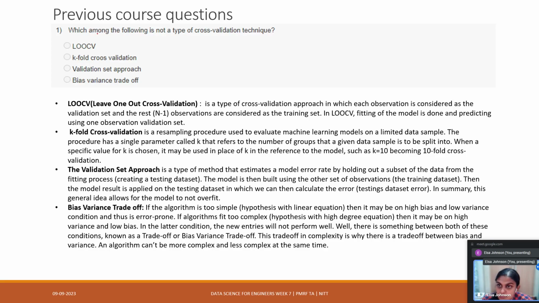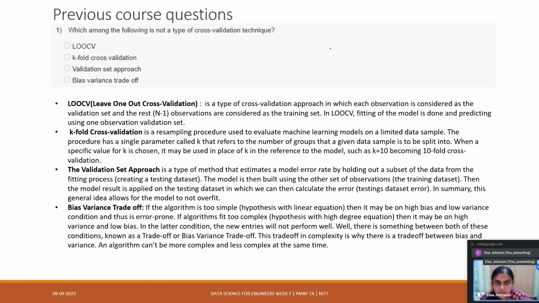The first one is, which among the following is not a type of cross validation technique? You have seen the different cross validation techniques. The first one you have seen is leave one out cross validation. As you have seen in your slide lectures also, it is a type of cross validation approach in which each observation is considered as the validation set.